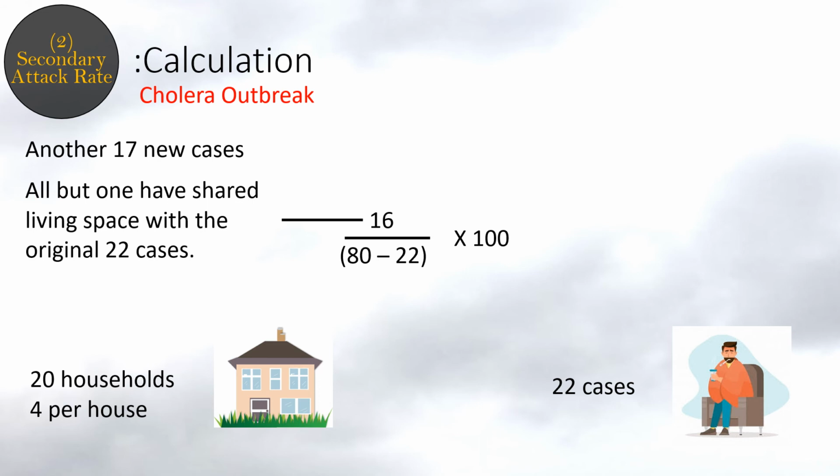We don't include that one. So 17 minus 1, that's 16, divided by, we've got 20 households, 4 per household, so that's a total of 80 people here, and we've got our original 22 cases, and we times it by 100. This gives us 28%.